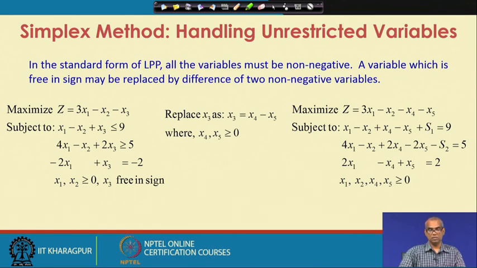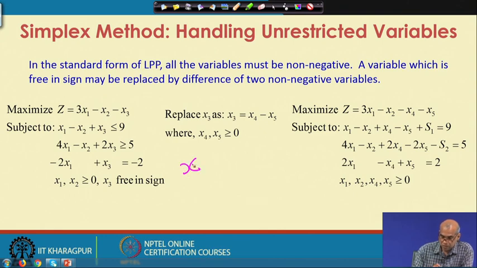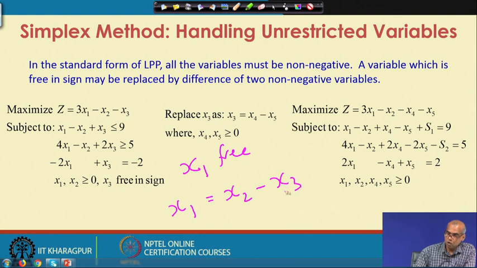Say a variable x 1 is free in sign. Now, I can replace x 1 as a difference of, let us say, x 2 minus x 3, where both x 2 and x 3 are greater or equal to 0.